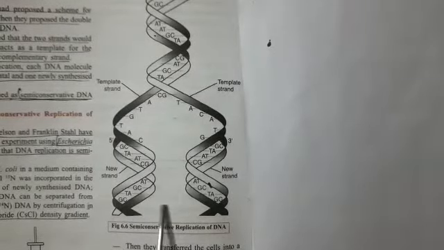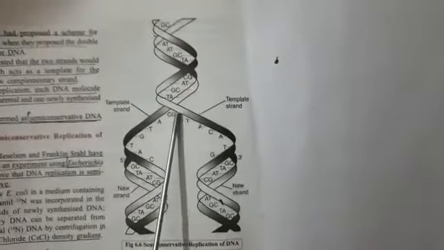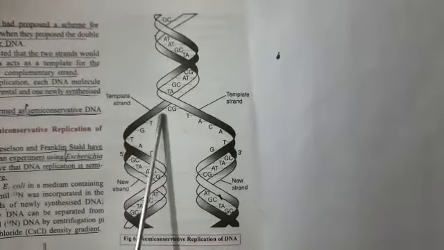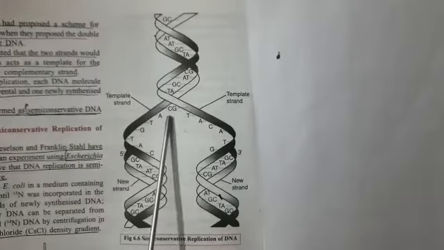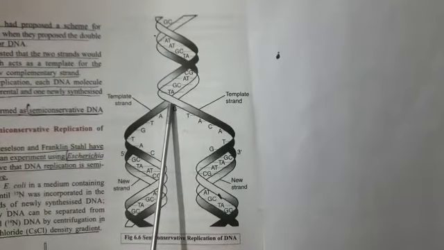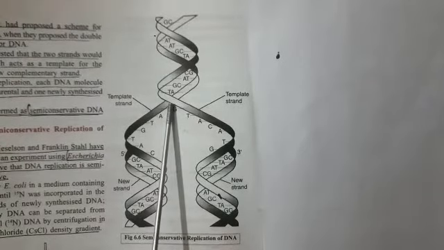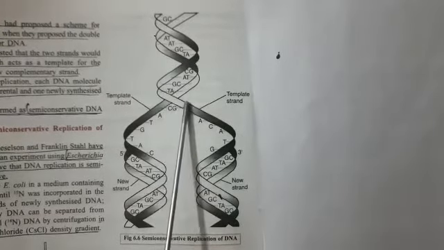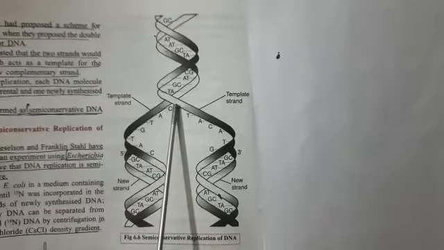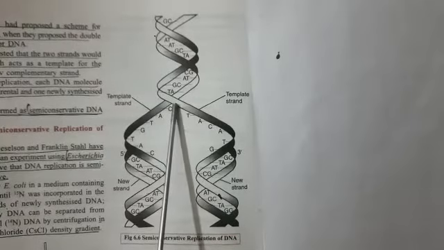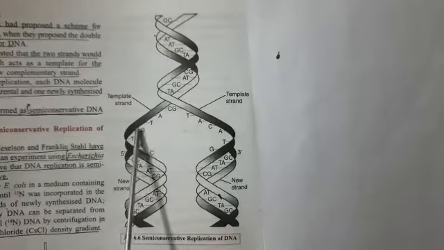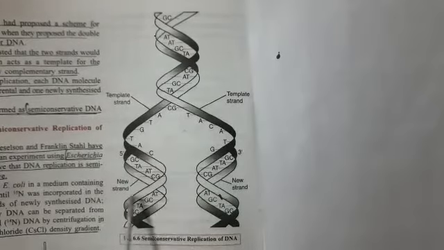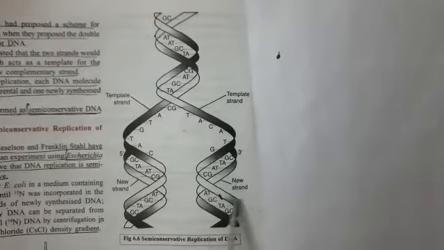Yes, my dear students, here you can see the double helical structure of a DNA. It opens at a particular point. In my previous video you have learned that there is the origin of replication, and with the help of the enzyme DNA dependent DNA polymerase, it helps in the polymerization of the base pairs.